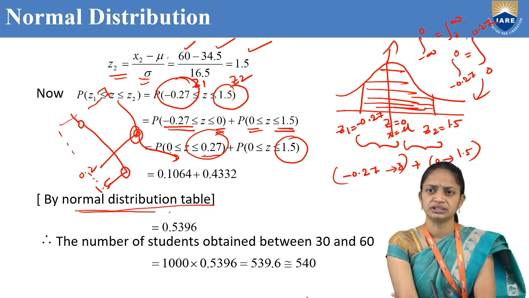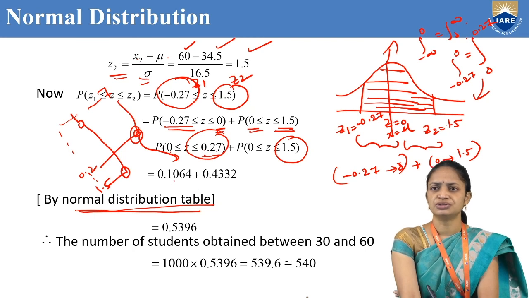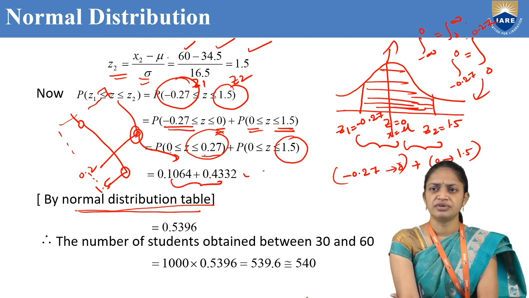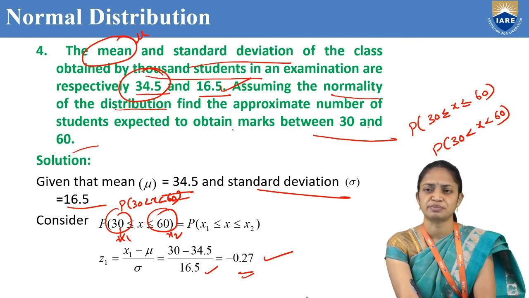We take these values from the normal distribution table. After simplification we will get 0.5396.